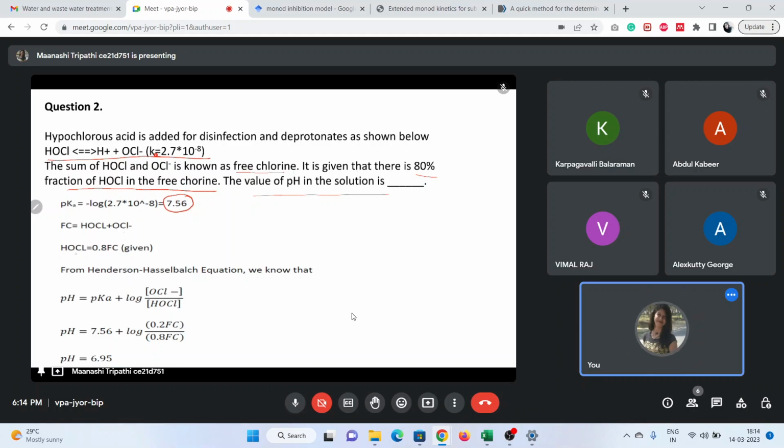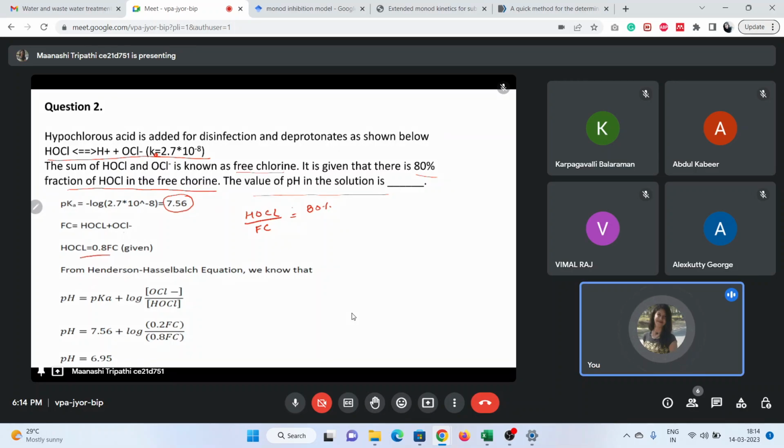What is HOCl? It is 80%. There is an 80% fraction of HOCl in the free chlorine. So it is saying HOCl by Fc is equal to 80%. So this is what is written.